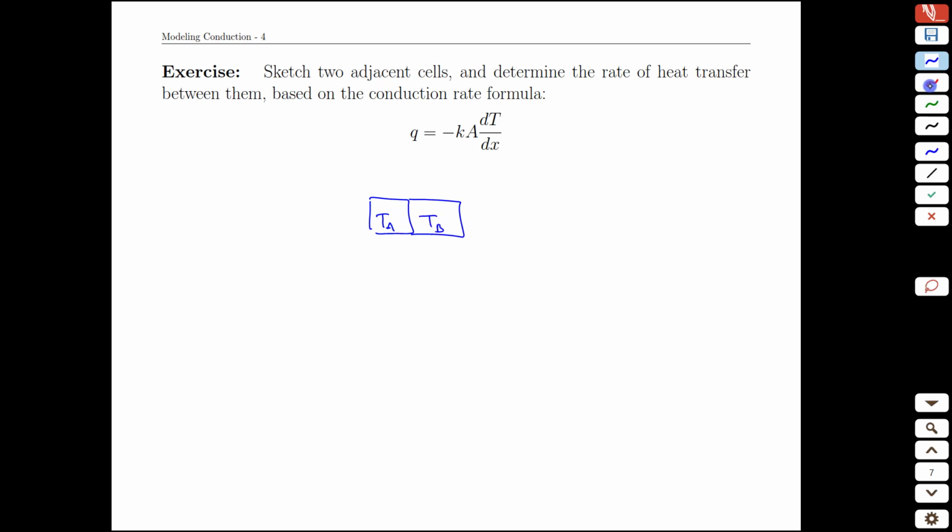To get a sense for how we can model our world using these small little subunits, what we can do is draw two of those adjacent cells and talk about the heat flow that is going to be carried between those two cells.